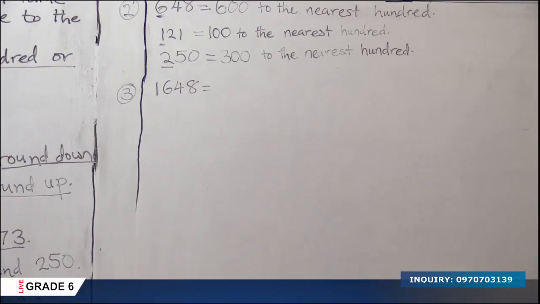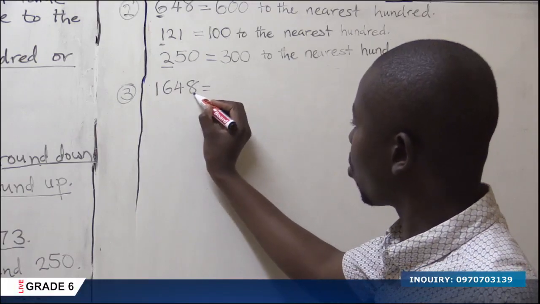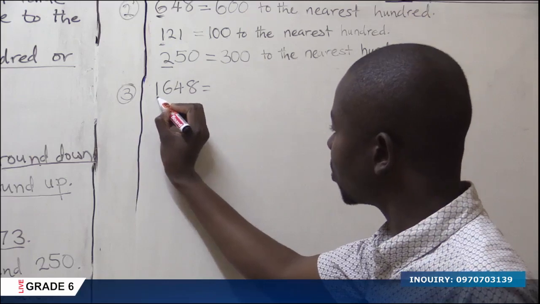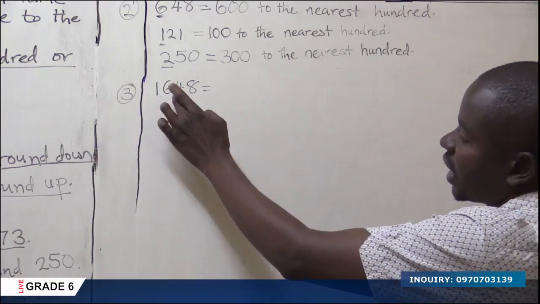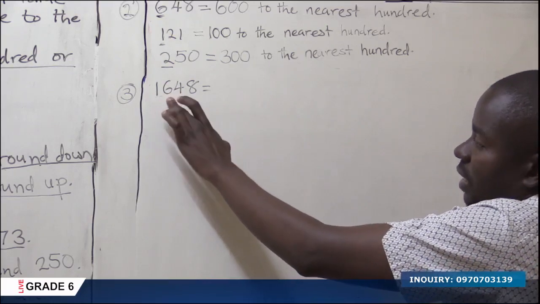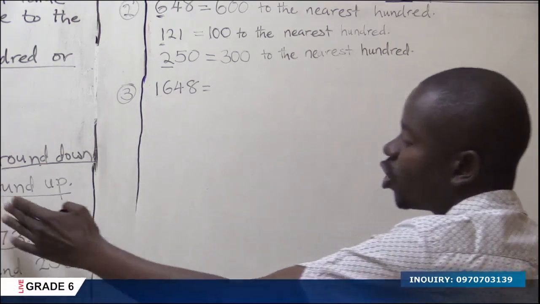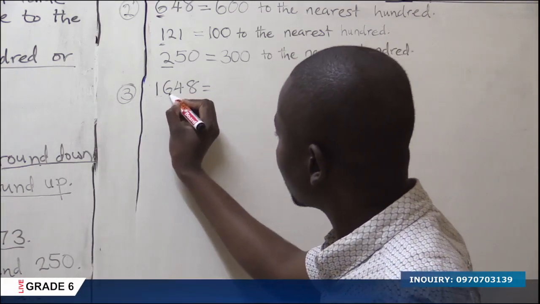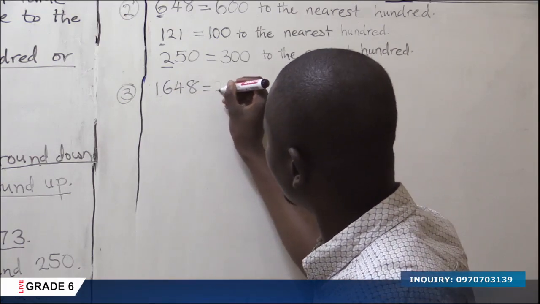We are rounding off to the nearest 1,000. You must understand that these are ones, tens, hundreds, and then these are thousands. So check the next number. The next number is 6. We've said that if a number is between 5 and 9, you must round up. So we're going to get a 1 from 6, put it there, and it will become 2.